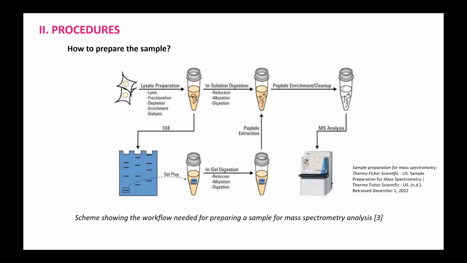Another approach is to first resolve proteins by electrophoresis and then collect the gel slices that contain the desired bands. The proteins in these gel plugs are then reduced and digested. After peptides are removed from the gel matrix, salt and detergents are removed as well, and they are finally prepared for the analysis.